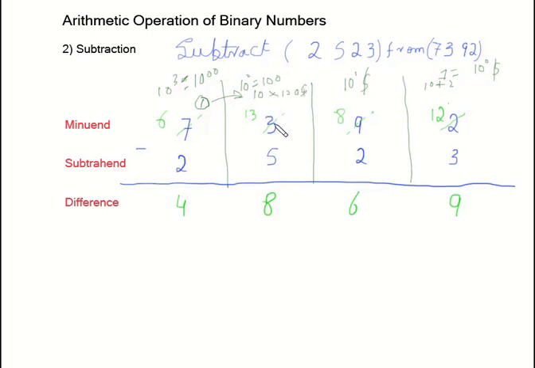We already have 3 $100 bills, and when these 10 are added to these 3, we get 13 $100 bills. Then from these 13 we take out 5, so we are left with 8 $100 bills. Similarly here, from 6 $1,000 bills we take out 2, and we are left with 4 $1,000 bills. So this was the answer.